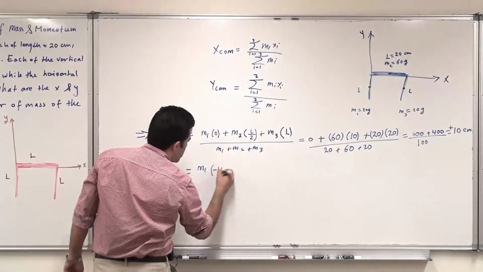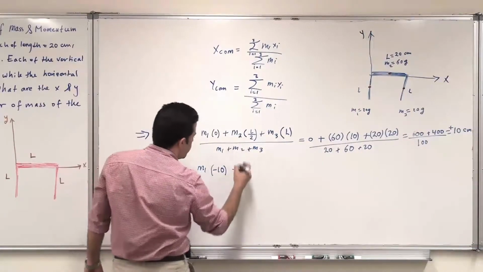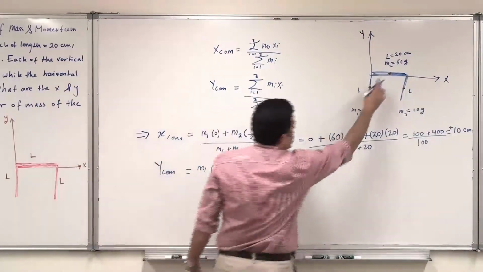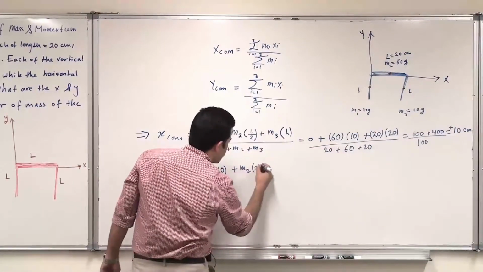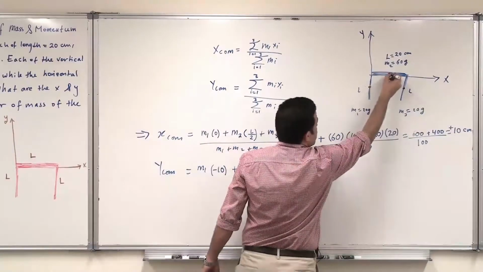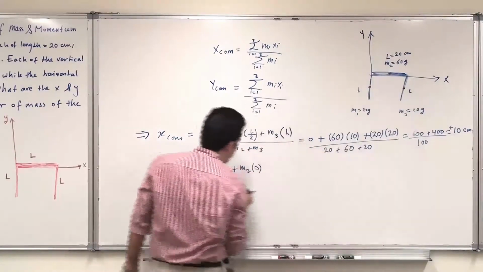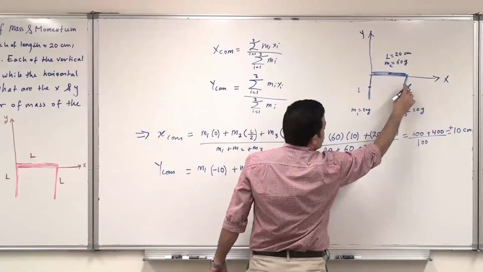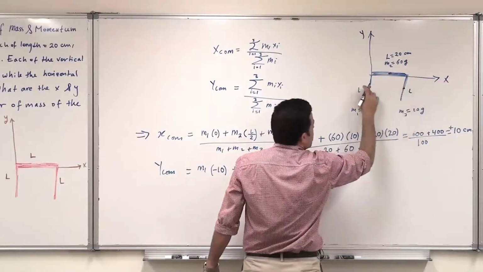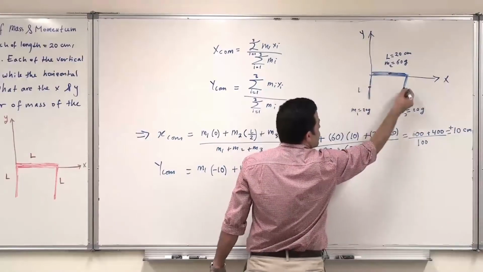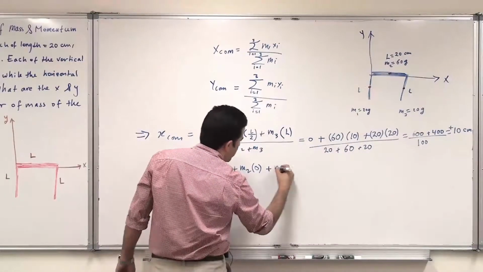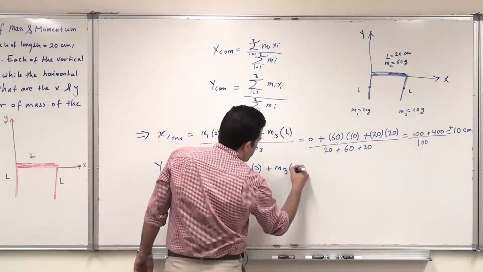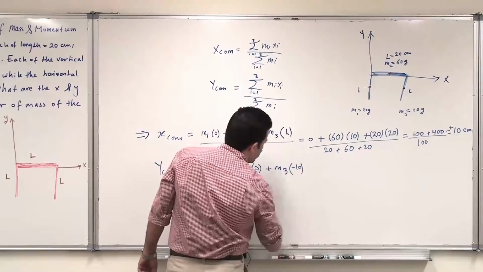So it is minus 10, plus m2, which is 60 grams, but the y coordinate for this one will be 0, because this rod lies at y equals 0, plus m3, and the y coordinate for this one will also be minus 10. So m3 multiplied by minus L over 2, or minus 10.